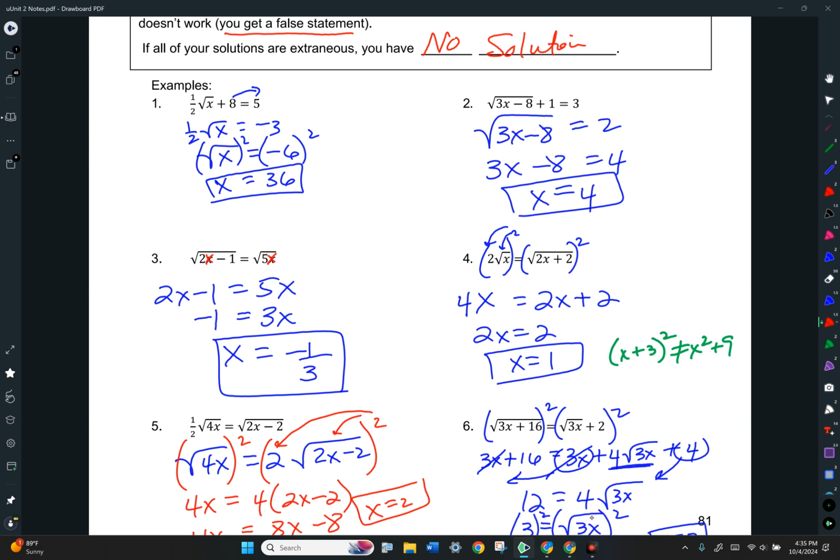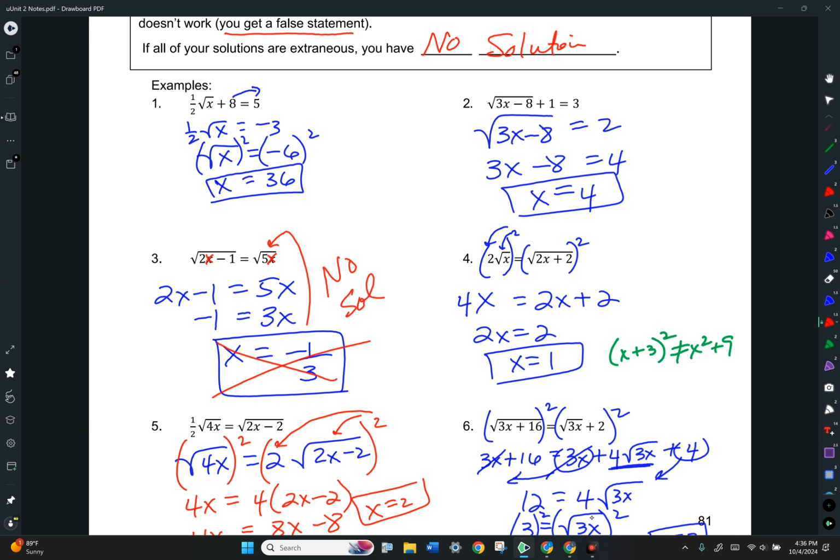Do you see that if we were to put a negative 1/3 in for that x, I would be taking the square root of a negative? And anytime you're taking a square root of a negative, that means that solution is not going to work, because we don't want imaginary solutions on these. So if you would end up taking the square root of a negative, then immediately you say that one is not part of my solution. And on number 3, since that was the only solution I got and it didn't work, you would say no solution.